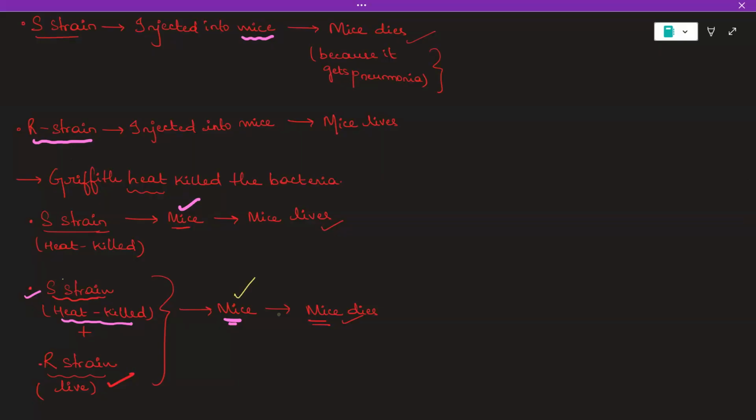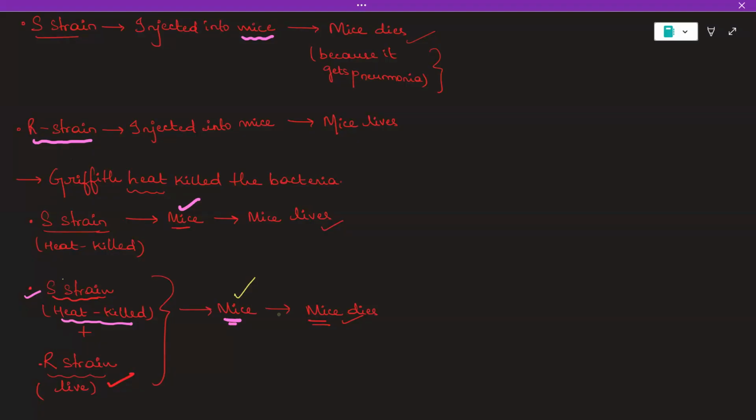Because originally the mice shouldn't have died, because the S strain was heat killed and the R strain doesn't cause pneumonia. So he said that there was something from the S strain being sent to the R strain and making the R strain become virulent like the S strain.